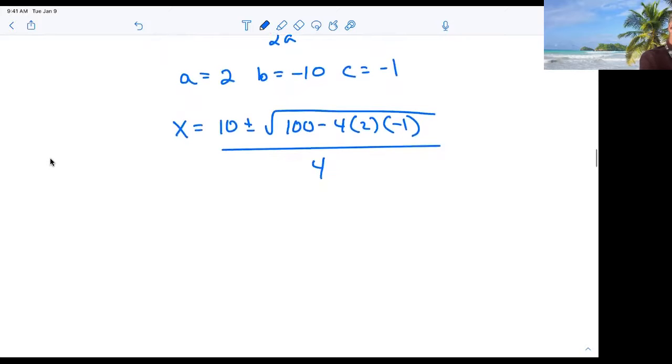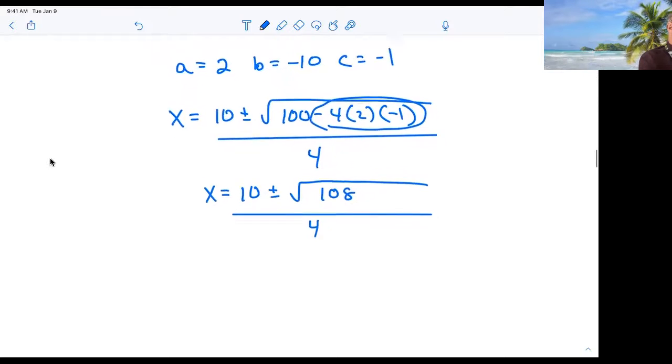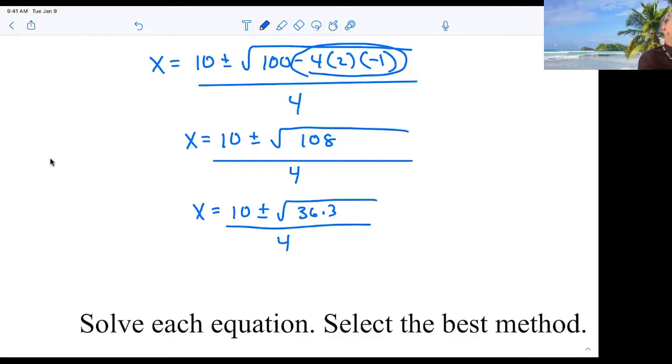All right, here we go. X equals 10 plus or minus the square root. Plus 8. Yes, 108 all over 4. That's obviously 36 times 3. So X equals 10, I'm going to write this out, plus or minus 36 times 3 all over 4.